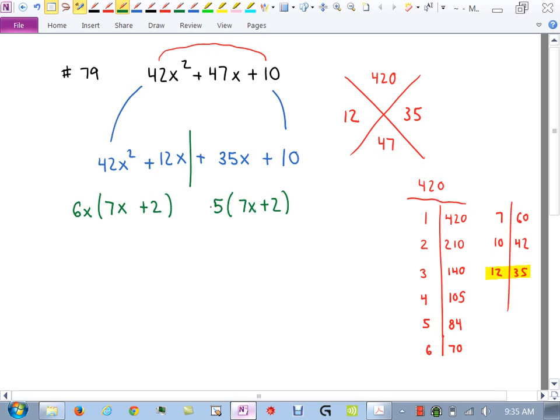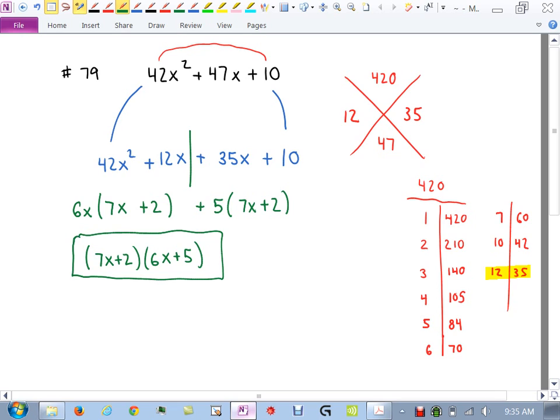So we put a 5. And so you're left with the 7x plus 2, which is what matches in both, and then 6x plus 5. Right? I just got thrown off because it's the big number. Okay.